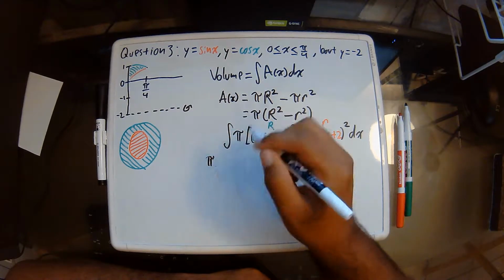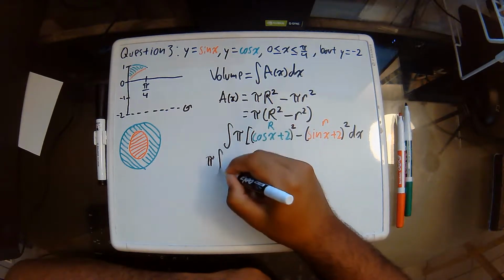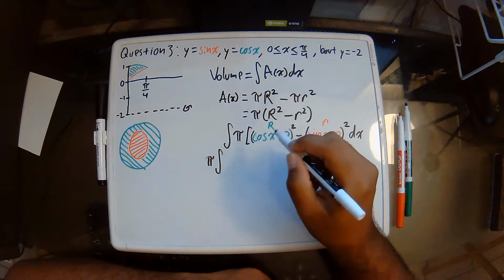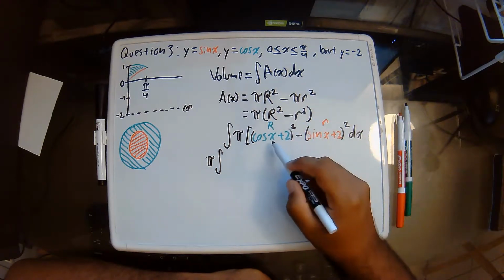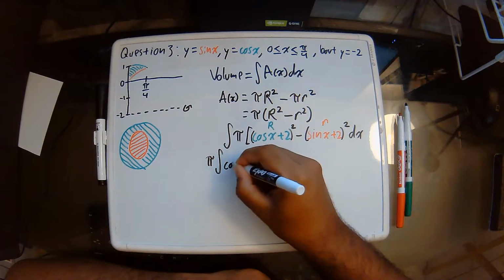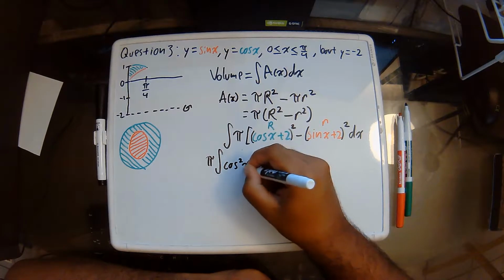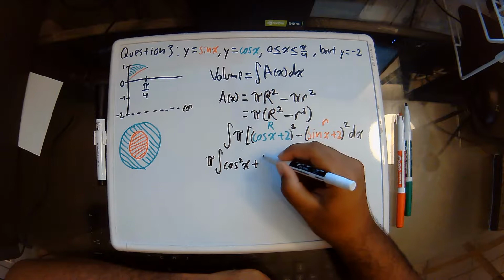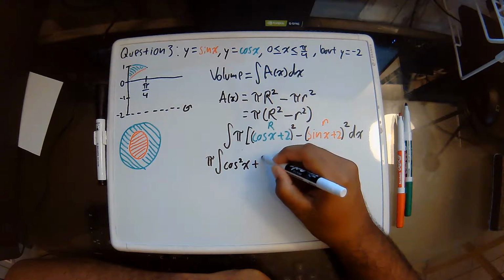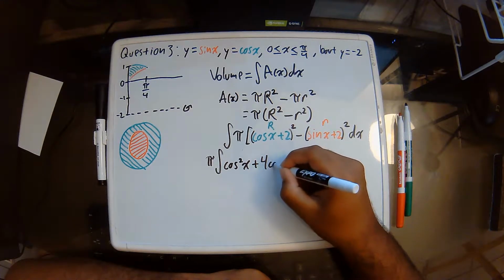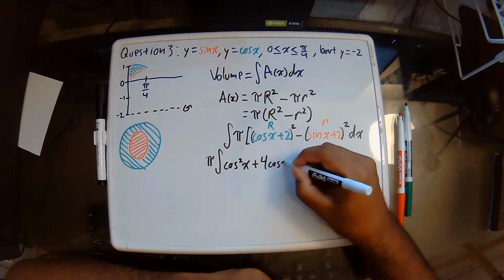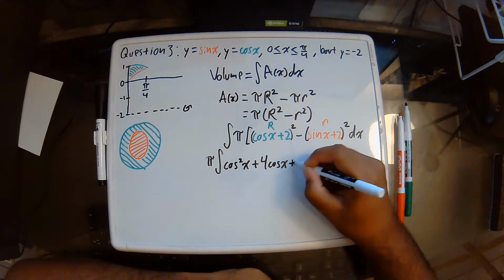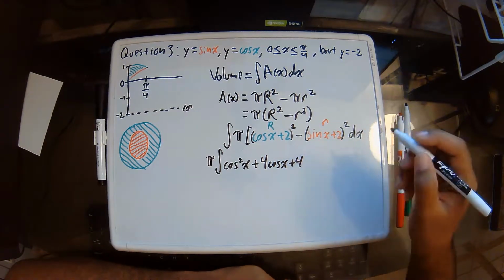So we have pi on the outside now. There's the integral, so we would have cosine squared x plus 4 cosine x plus 4.